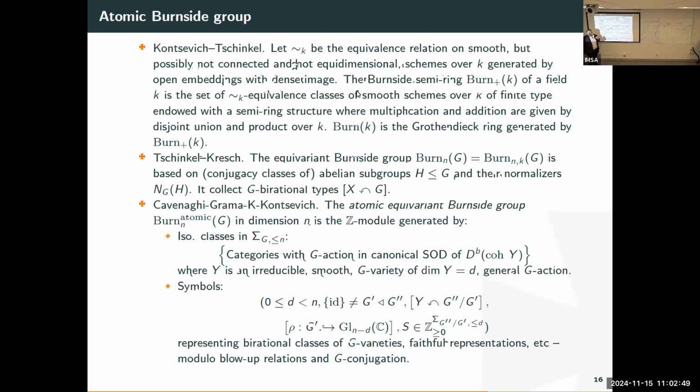Okay, and then the next thing is the rho from G prime, which records the G prime action on the bundle. Yeah, it's all just the classical definition of a symbol. Okay, sure. And the last thing, S, what's the last piece? That's S, capital S, that belongs to the Z, which is 0 to the power C, G prime, G double prime over G prime. That's 0.